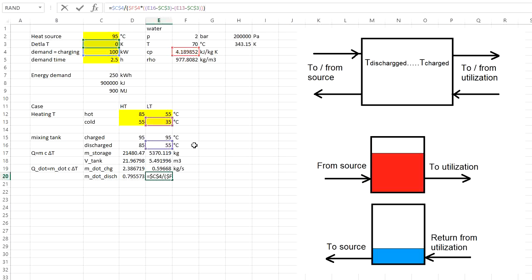So in order to get the 100 kilowatts of heat, we would get 1.2 kilograms per second when the tank is discharged, and when it would be charged, just 0.4. So you can see how the mass flow rate needs to be changing in order to get the constant power output.